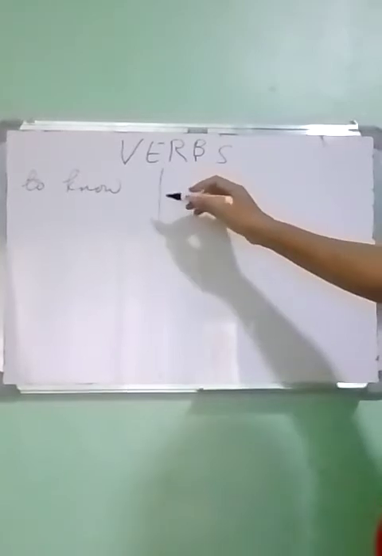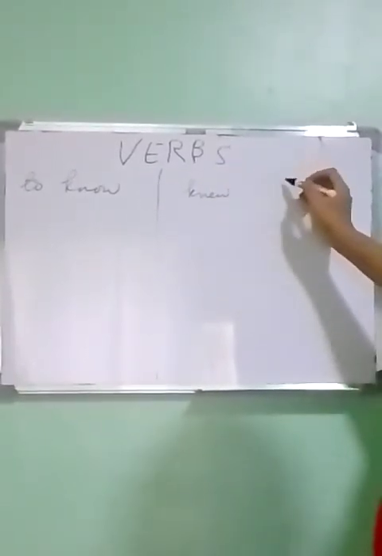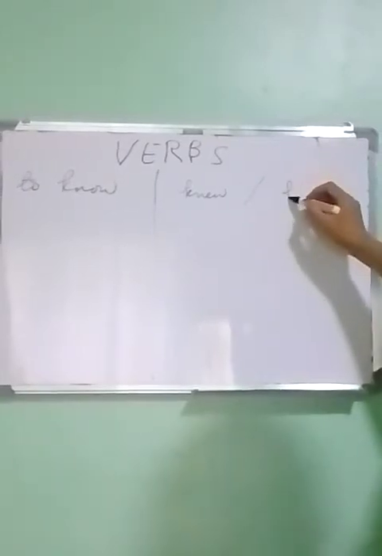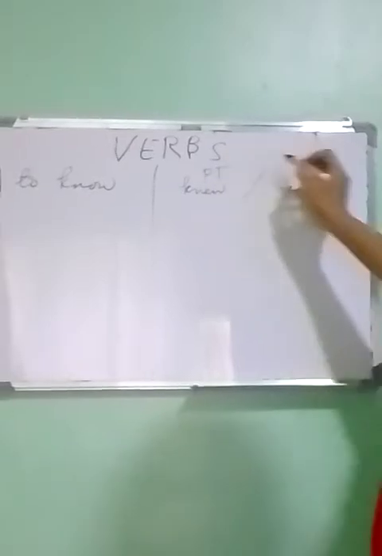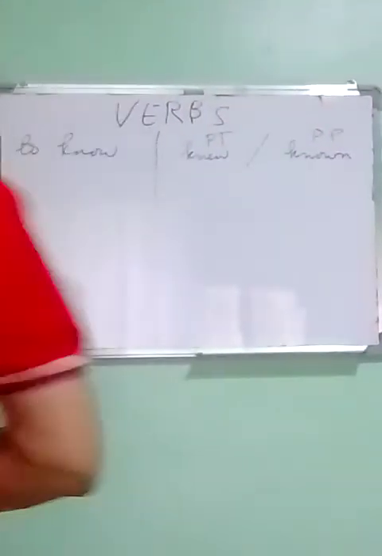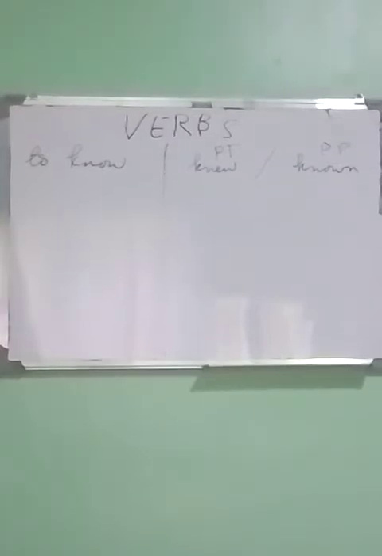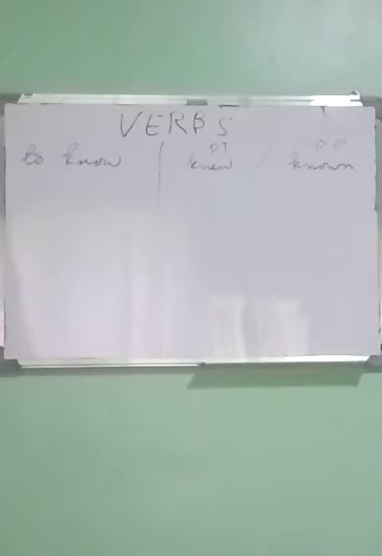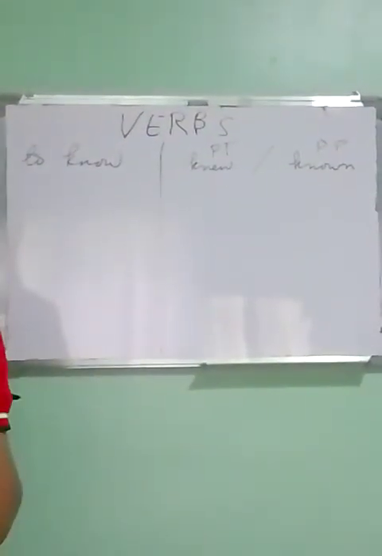So the past tense of to know is knew. The past participle is known. So this is the past tense. This is the past participle. What did you observe about this? Hindi siya, you did not add D, ED, or IED at the end of the word to form the past tense or the past participle.